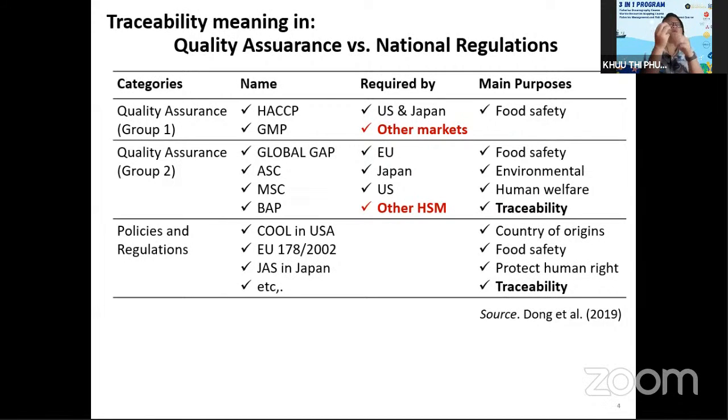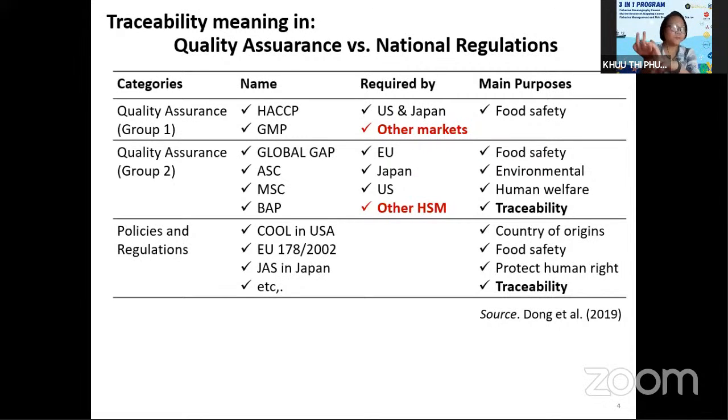It means quality assurance group 2 focuses on chain of custody, and not only on food safety, but also on the environment, human welfare, and traceability.